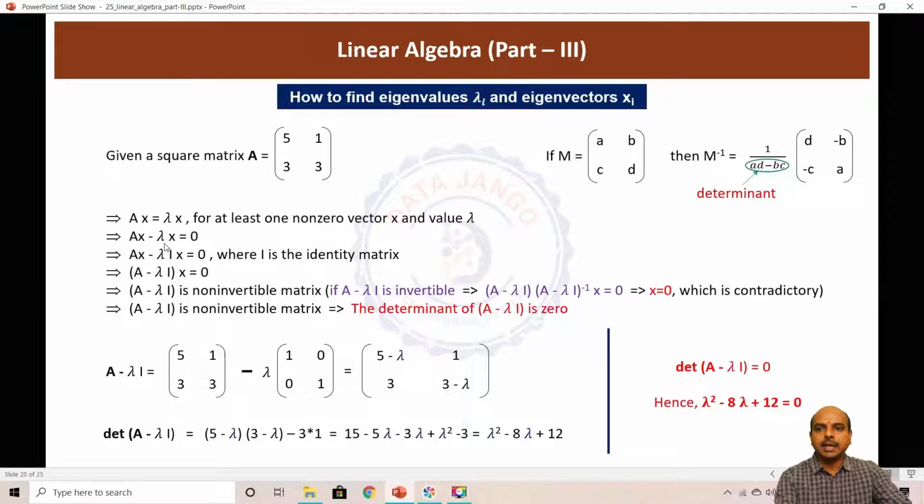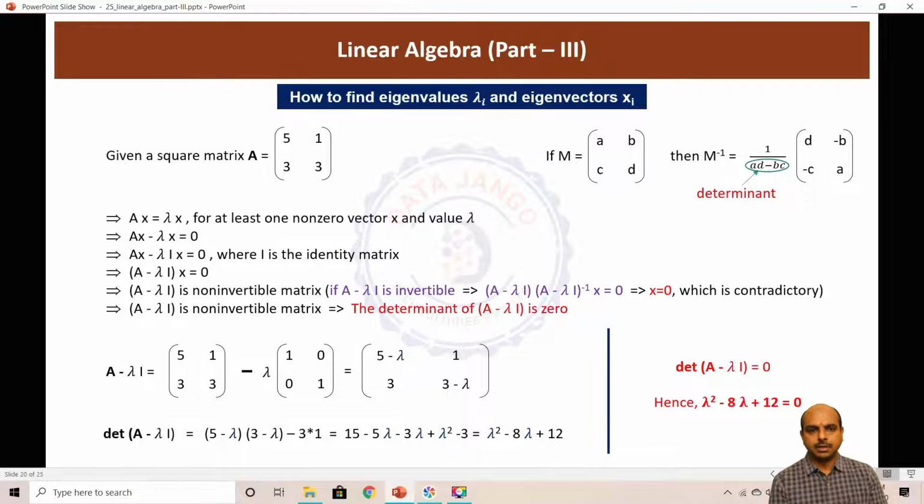I can multiply lambda with x with the identity matrix I. And then if I take x as common, it becomes A minus lambda I into x is equal to 0.